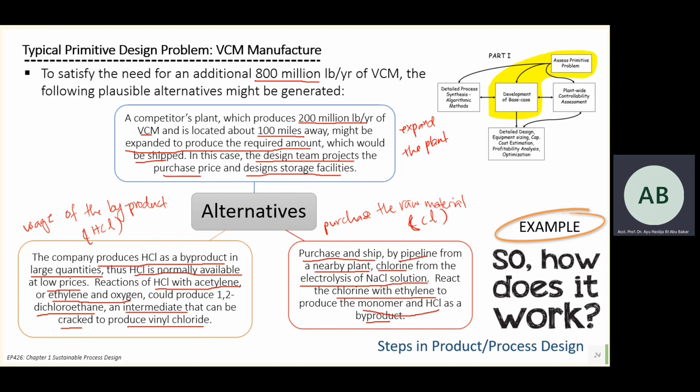Okay, so from that particular part, you can have a few alternatives to get your raw material. So that is the first part of the design process. Blue and green hydrogen are not the same.